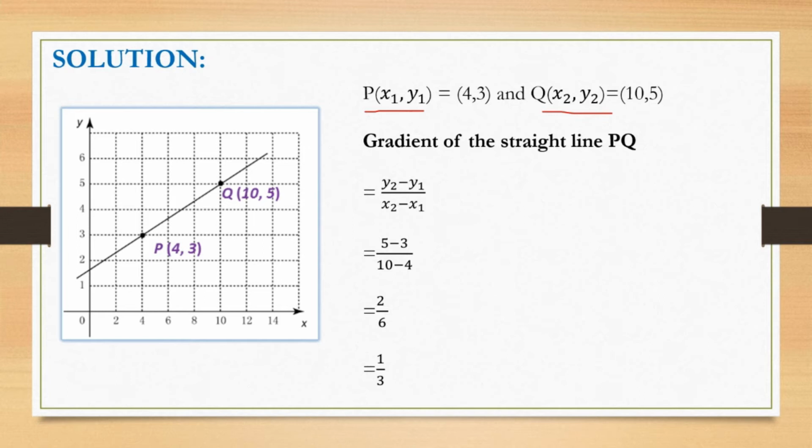Second, we substitute the coordinates of P and Q into the formula of gradient, which is y2 minus y1 over x2 minus x1. After that, we just do some simple calculation, and we get the answer, which is 1/3.